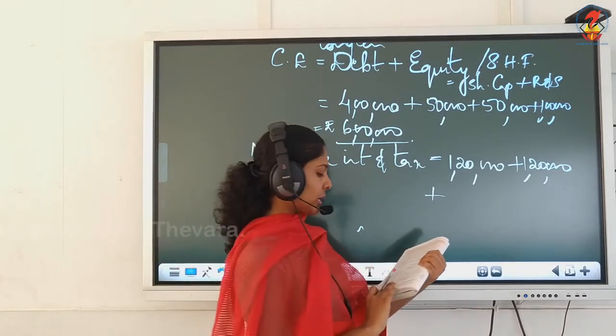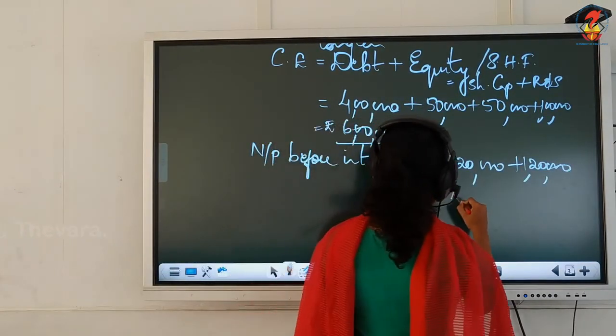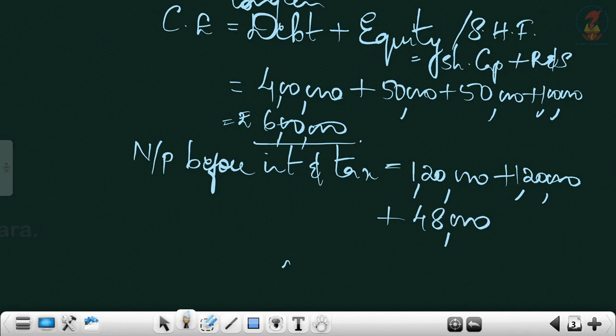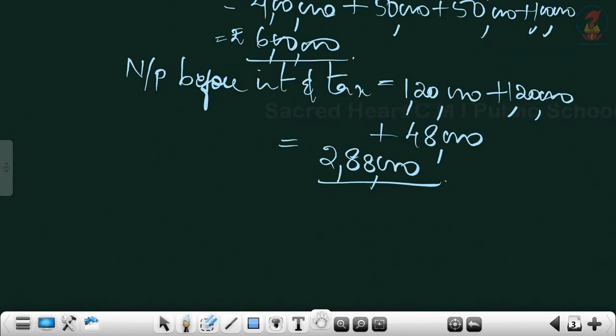So here interest means 12% on 4 lakhs, that is rupees 48,000. So altogether your net profit before interest and tax will be equal to 2,88,000. So we got net profit before interest and tax also.